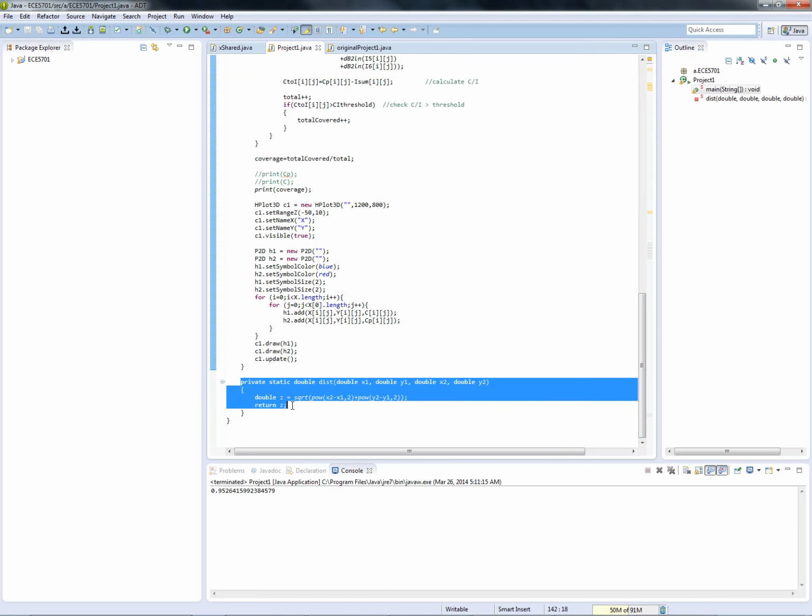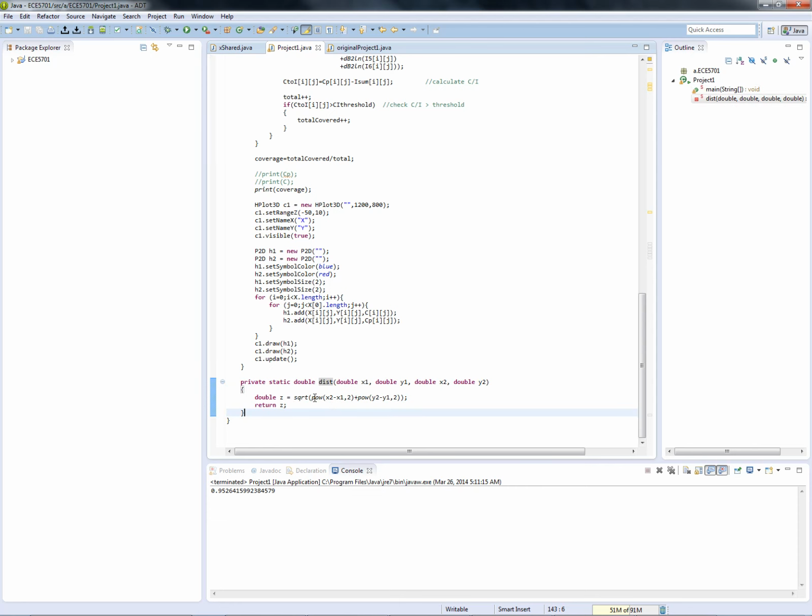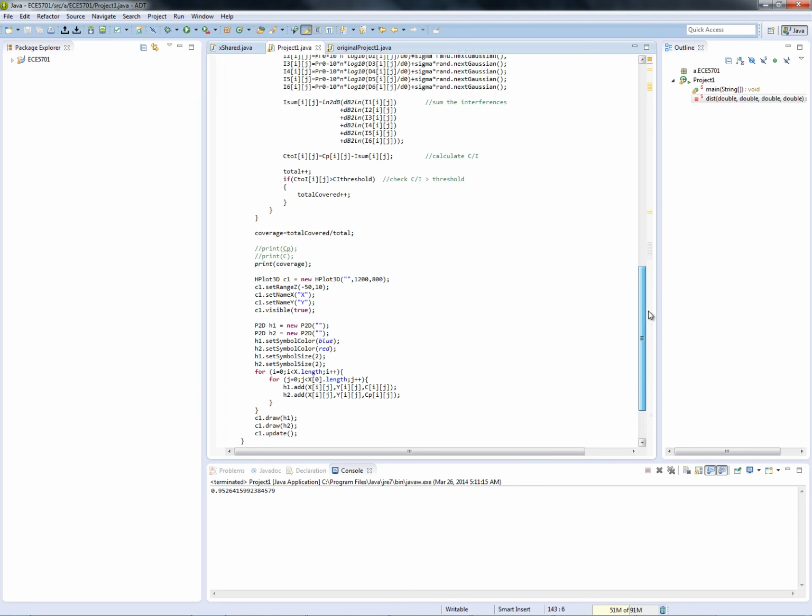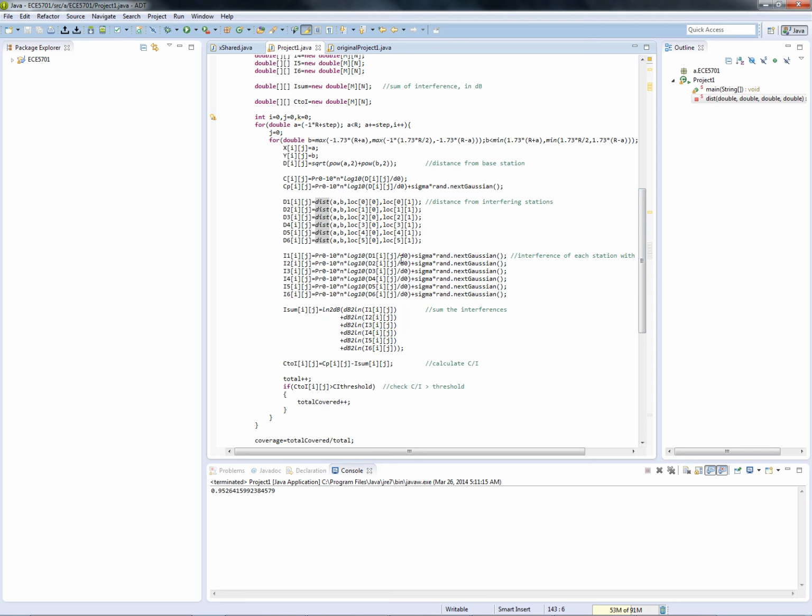It's just a simple Pythagorean theorem, and then I use that distance in each of these interference calculations for the interfering base stations.